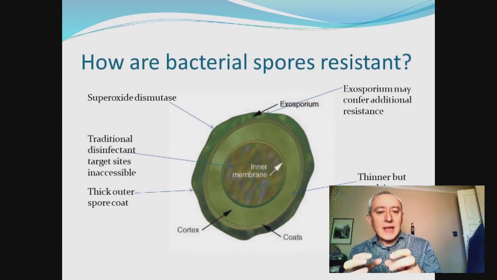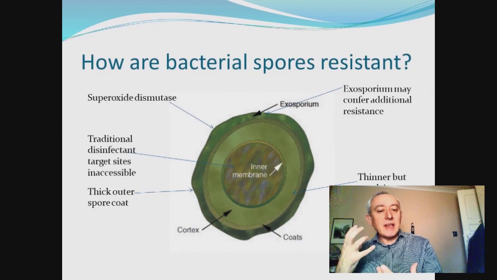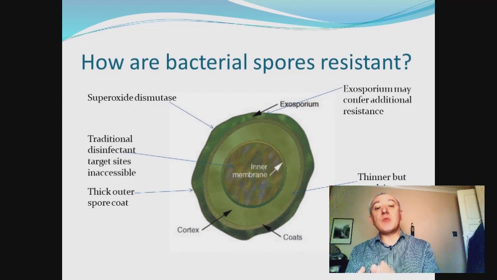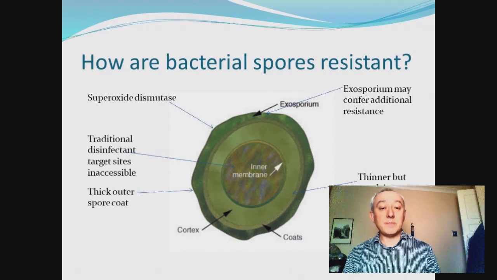And then even if disinfectant gets through, then the cortex and the inner membrane act to prevent the diffusion of disinfectants. So you've kind of got these multiple layers that are enhancing the resistance of the spore. So it becomes very hard to break, even for sporicidal disinfectants, which is why things like contact times and the right concentration are absolutely important.